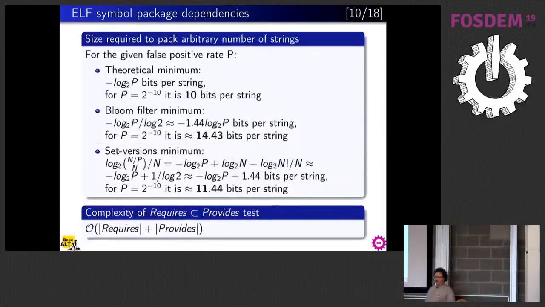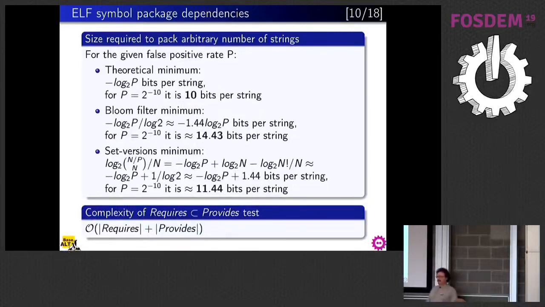What can you achieve in theory if you're using a probabilistic approach? If you choose some false positive rate to work with, there is an information theory minimum that is the binary logarithm of this rate, which for 2 to the minus 10th is exactly 10 bits.